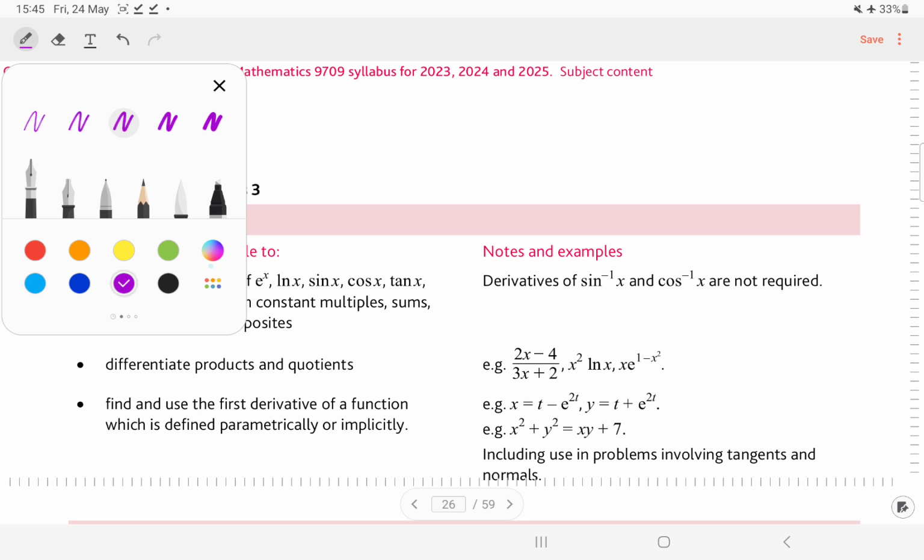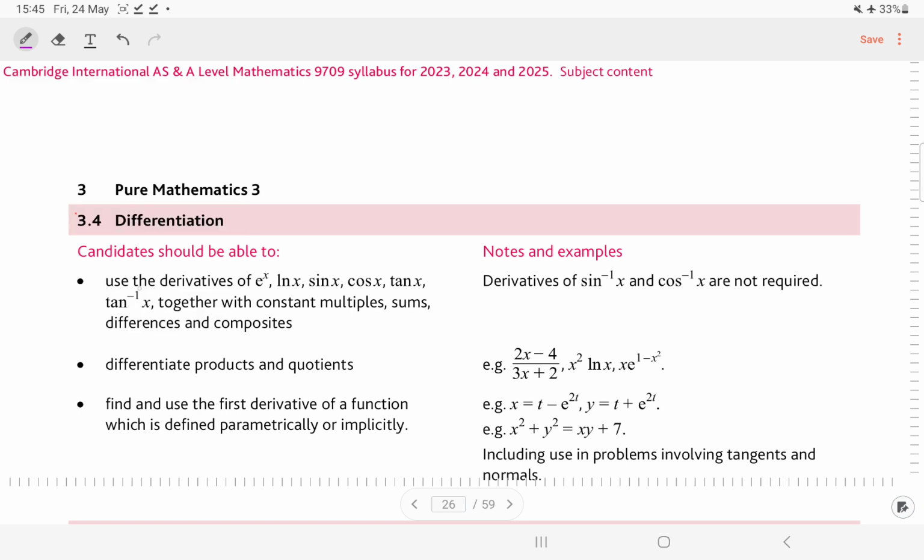We are interpreting what is in your syllabus, okay? They said derivatives of e to the x. What is this? Exponential function. So you have to know derivatives of exponential functions, okay? Because here x is a power, so it's an exponential function. Then derivative of ln x, that's the second thing.